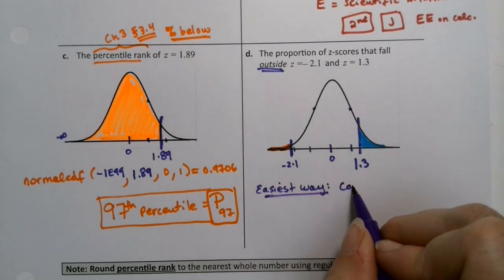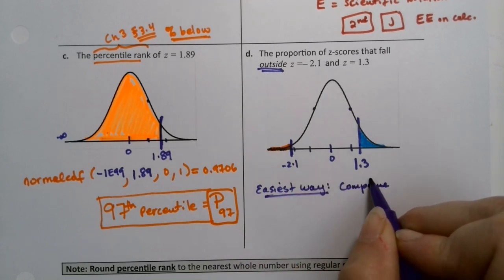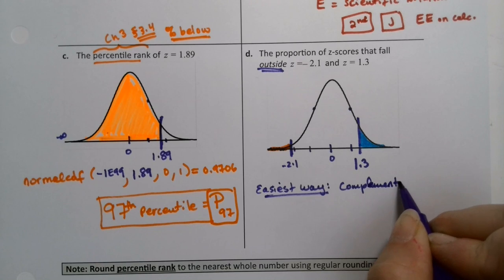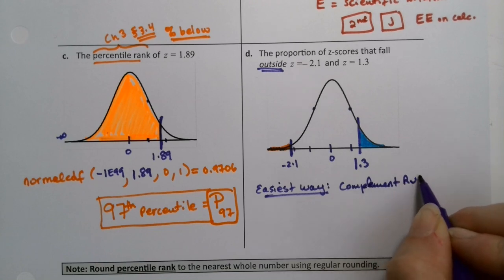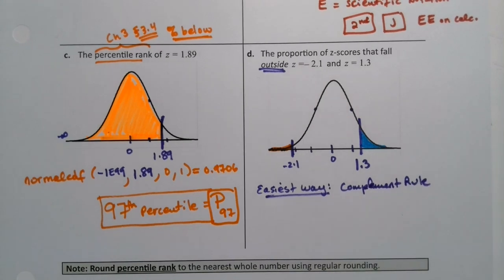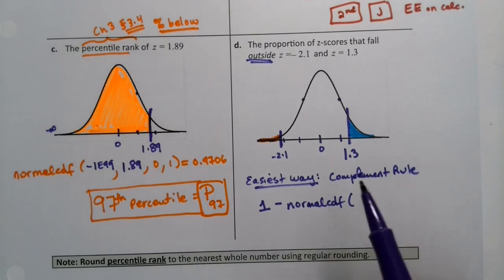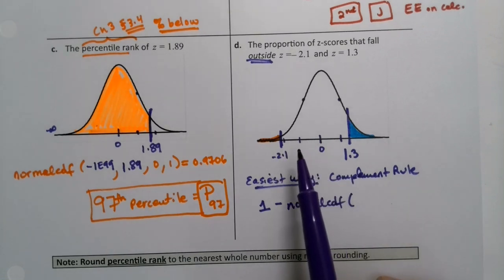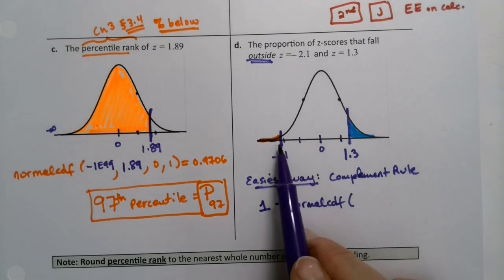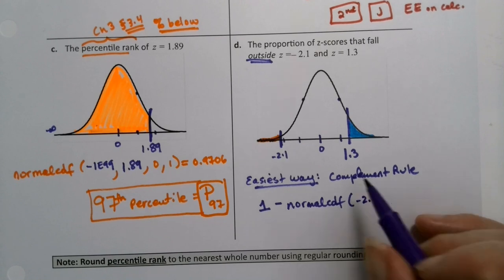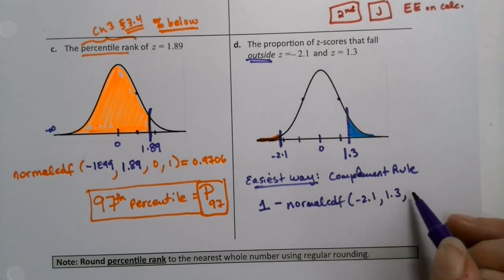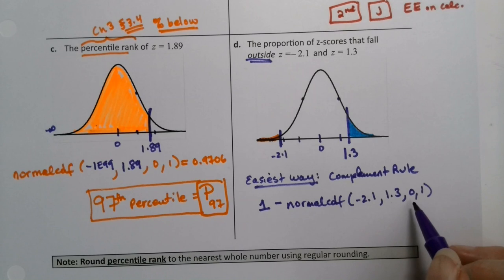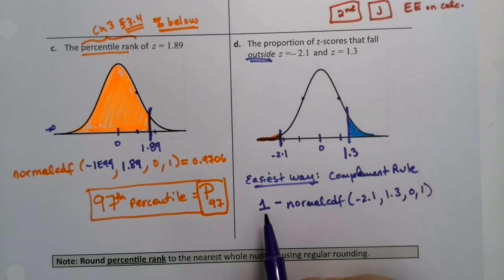Use the complement rule. In other words, find that area in the center. So using normal CDF, the lower is negative 2.1, the upper is 1.3, 0 and 1. Find that, or find it with StatCrunch, and take it away from 1.